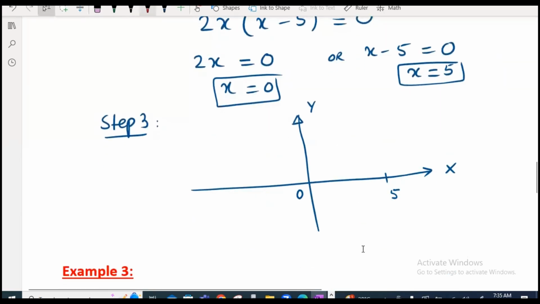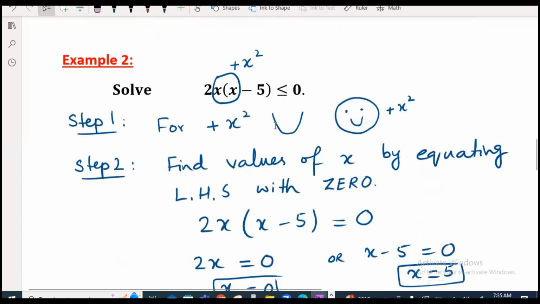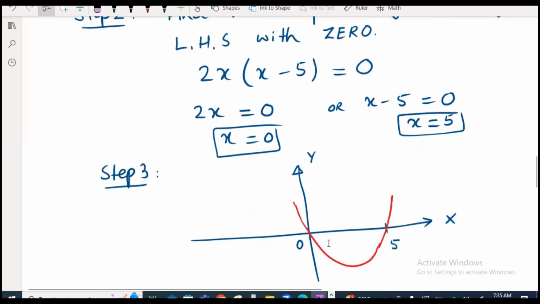So I am going to sketch this type of parabola. And in this case, the inequality has a lesser than or equal to sign. When there is a lesser than sign, the required region is in between the x-axis and the curve, below the x-axis and the curve. So this region is the required region here. You have to shade this.